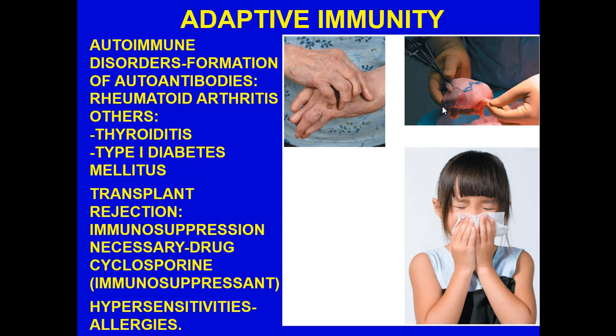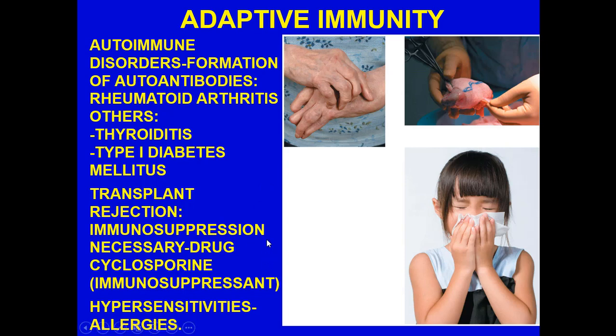The other thing you have to keep in mind is that people who are on immunosuppressants are much more susceptible to other types of infections, etc., and they have to be cared for or monitored. Flu can be serious, or other types of infections can be serious, as compared to somebody who has normal immunity.